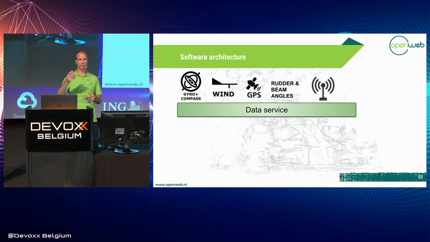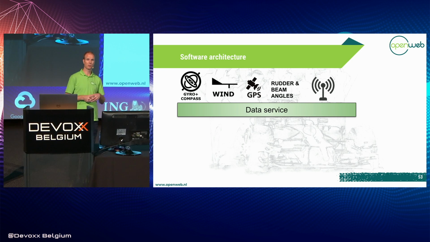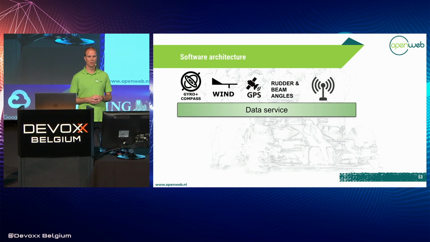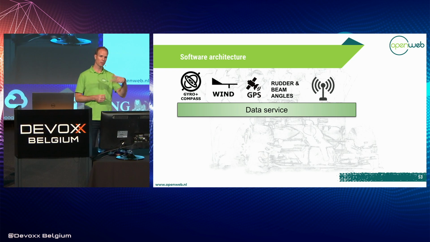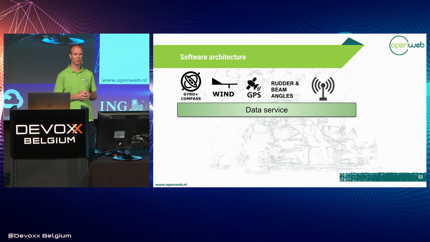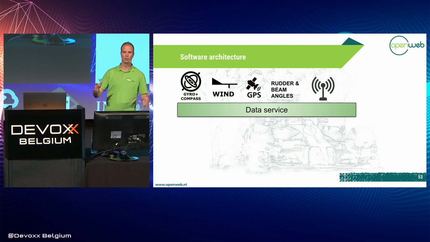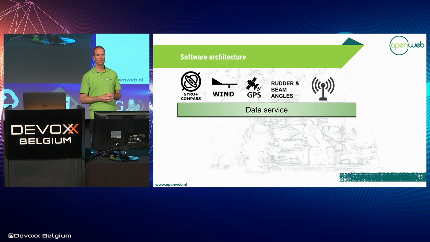We also have the communication device, because we're allowed to, for example, get weather information or other kinds of information which is publicly available. And we put all this data into our data service. This data service should provide the rest of the software with valid data at all times. We don't want our boat to fail because there's some invalid sensor.